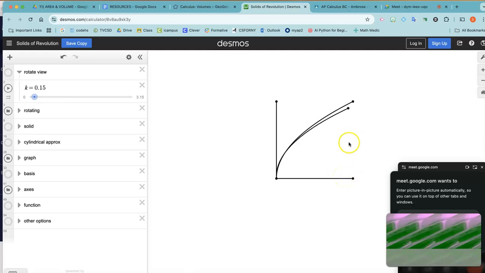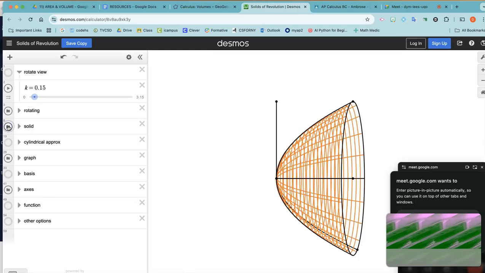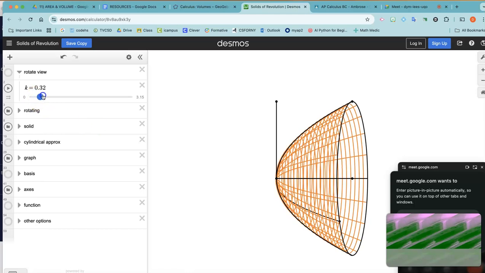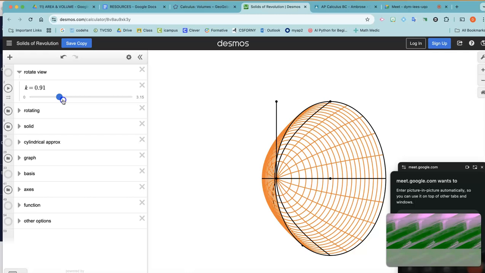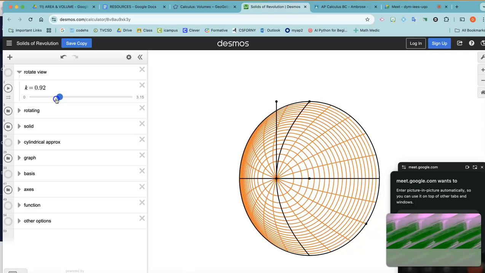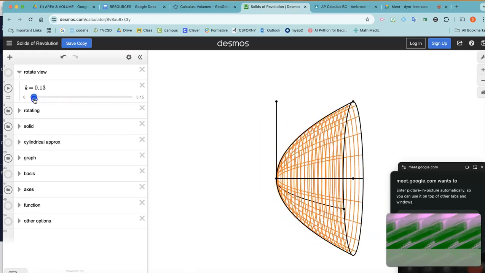You might not be able to really see any solid right now, but again, that revolving is going to form a solid. Revolving that region will form a solid, and there in particular is the solid. And if I rotate that region, you could get a better sense of that particular solid.